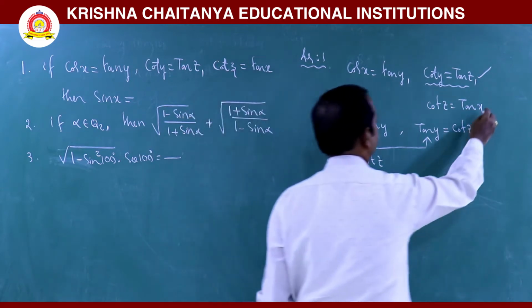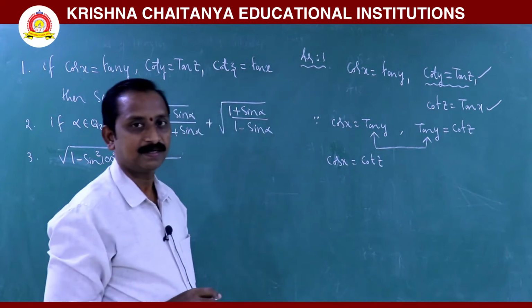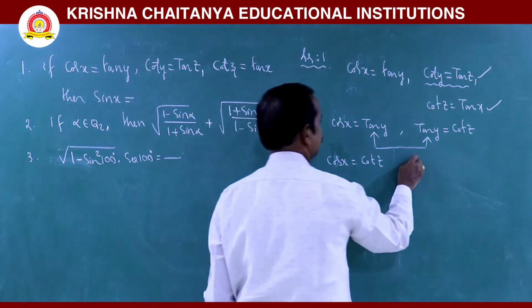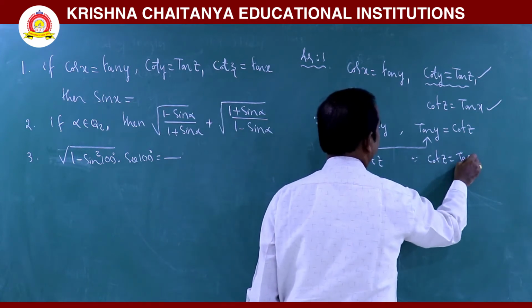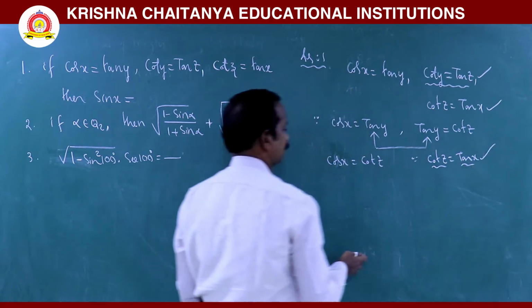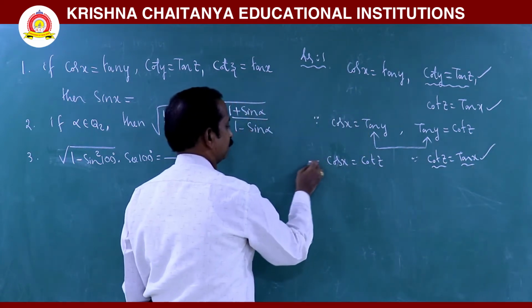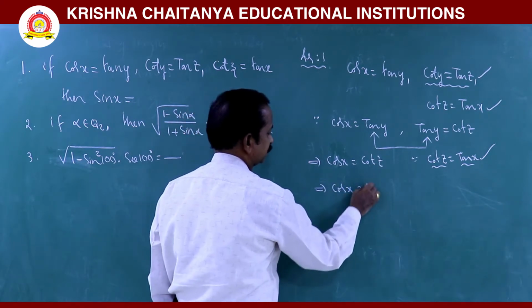But by data, what is cot z? Cot z is nothing but tan x. So, since cot z is equal to tan x, instead of cot z we can write tan x. So, it implies cos x is equal to tan x.